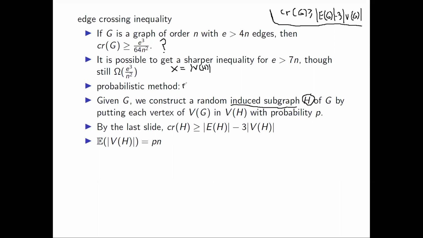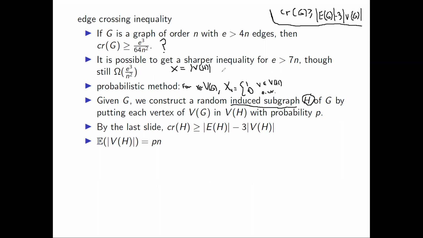So for little v in the vertex set of G, we can define this indicator random variable X sub v, and it will be defined as 1 if little v is an element of the vertex set of H, and 0 otherwise.